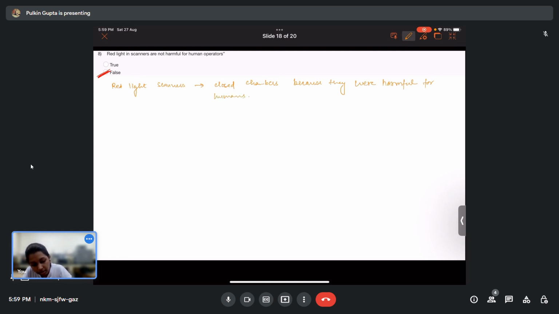Instead, the blue light scanners were the open kind, as blue light is not harmful for human skin. So this is false. They are harmful.